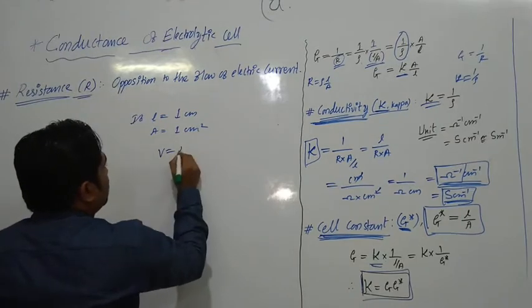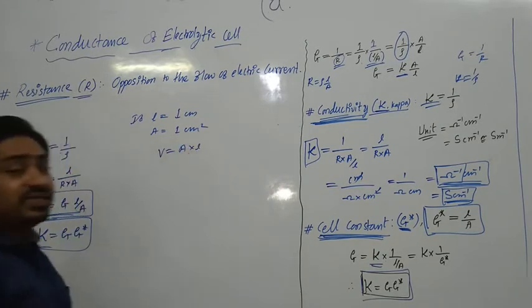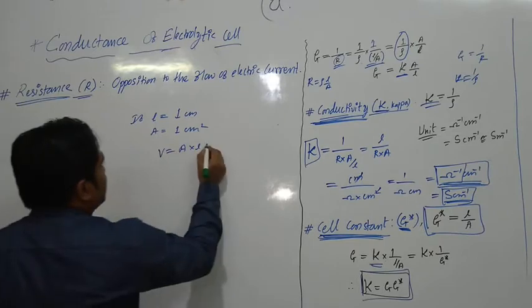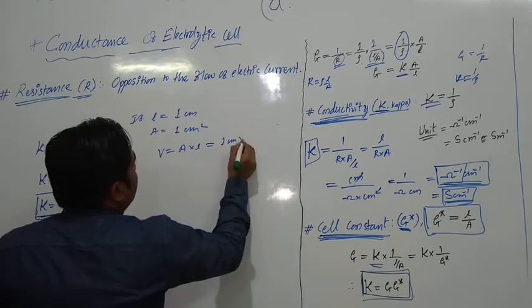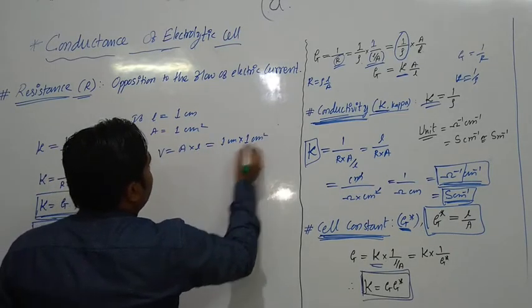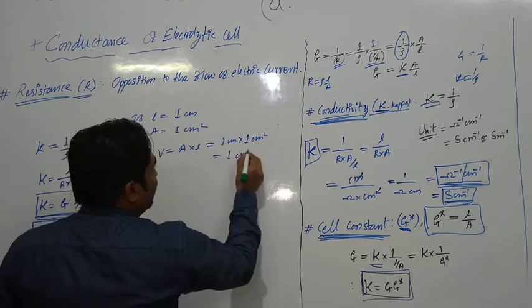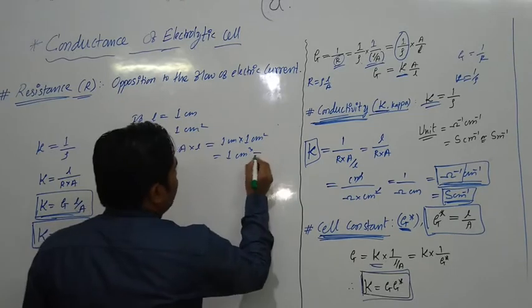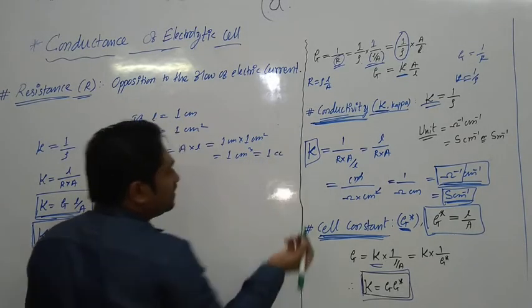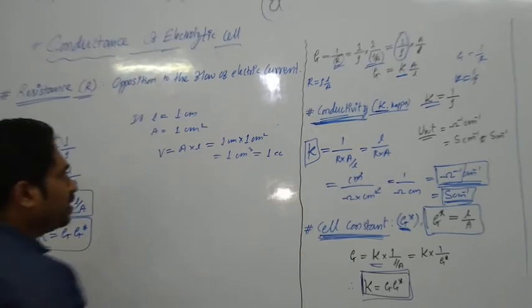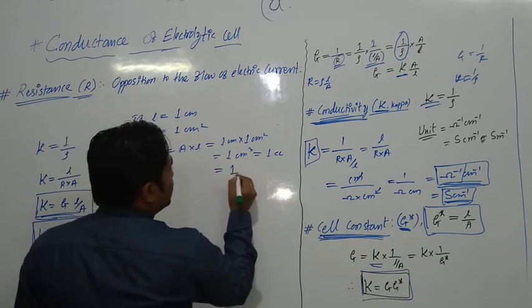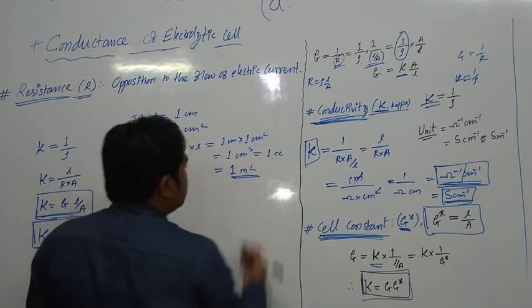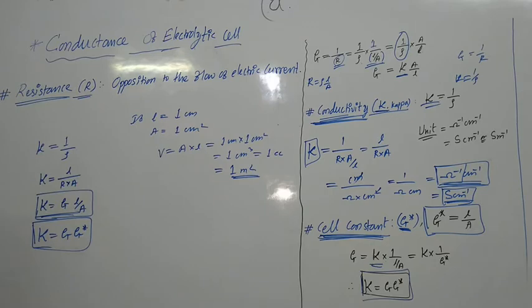Volume is equal to area into length. So 1 centimeter into 1 square centimeter is equal to 1 cubic centimeter. 1 cubic centimeter can also be written as cc. So 1 cc is equal to 1 ml.